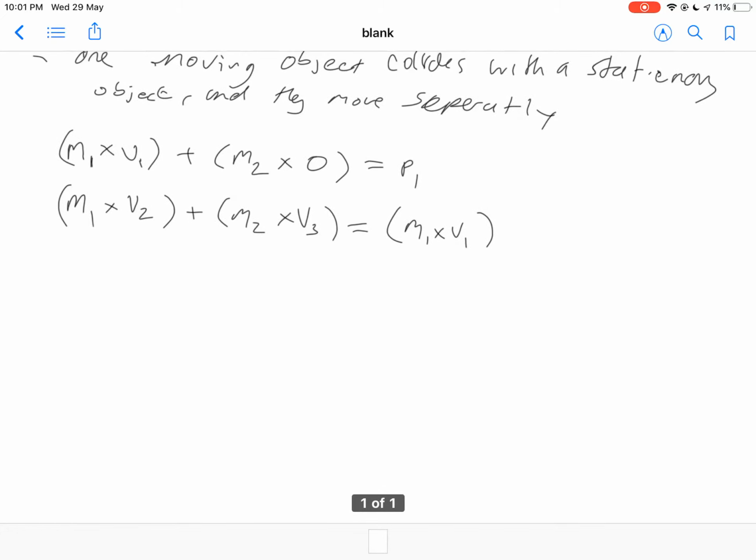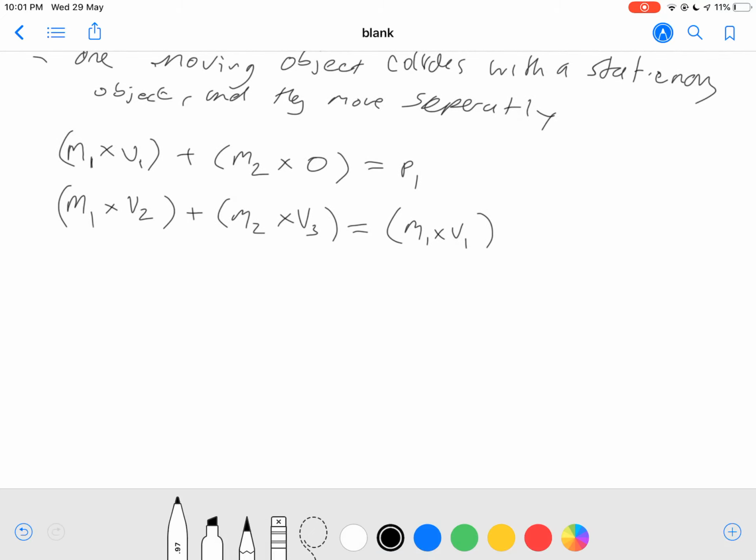This might be a bit confusing at first, but I'm going to give you an example. Let's say a ball is moving at 5 meters per second, and its mass is 0.5 kg. The other ball is, well, let's make the numbers easier, 1 kg, and it's not moving, so 0 meters per second.